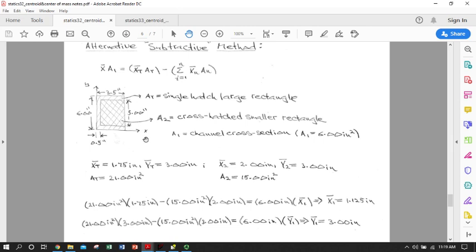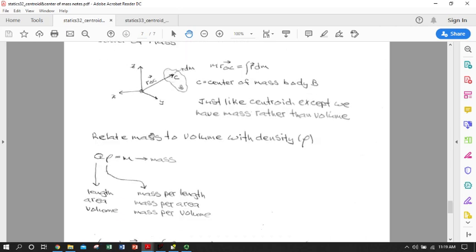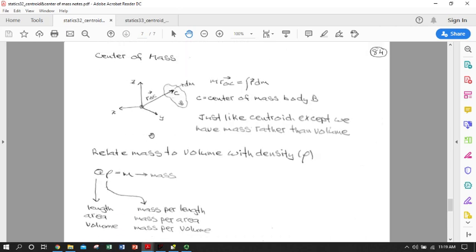The one place composite parts will break down is if you have a gradient density and you're looking for center of mass. Generally speaking, if you have gradient density, you're going to need an integral to find it.